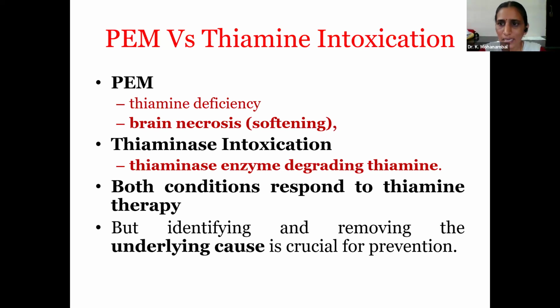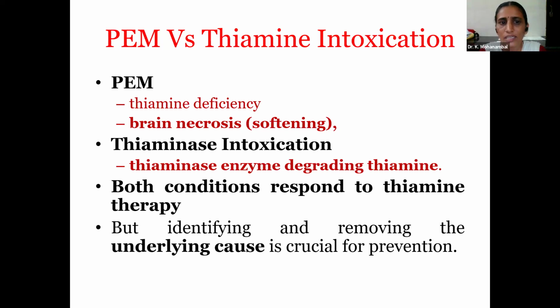Both will exhibit the same kind of clinical signs, but why do we need to know whether the case is because of PEM or because of thiamine intoxication? If the case is because of PEM, we need to supplement thiamine, that is enough. Suppose the case is because of thiamine intoxication, we need to identify the plant which is causing it, and prevent the animal from grazing those plants.